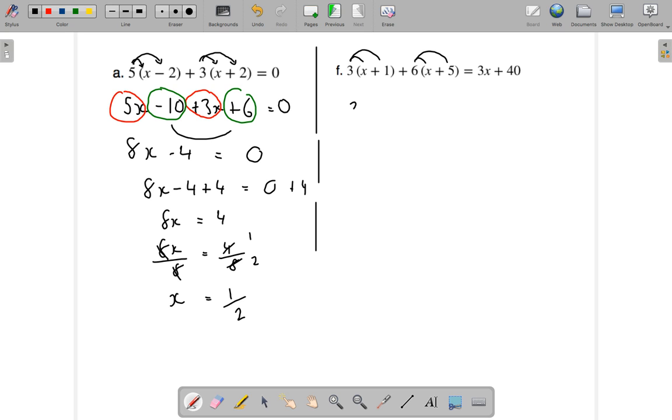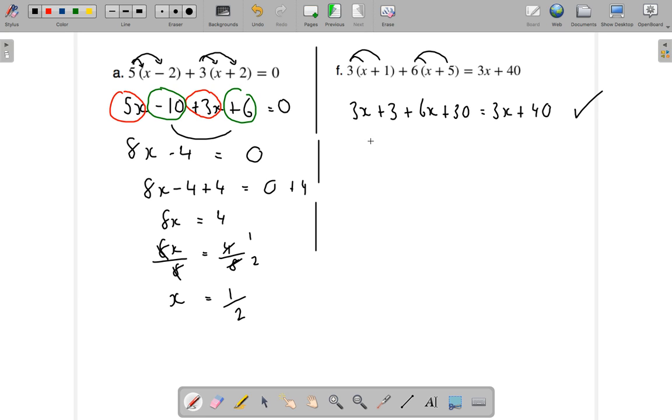So 3 times x is 3x. 3 times +1 is 3, plus 6 times x is 6x. 6 times 5 is +30, equals 3x plus 40. Won't do too many steps at once. Just leave that as it is. So step 1 there is, if I give it a tick, that's removing the brackets.